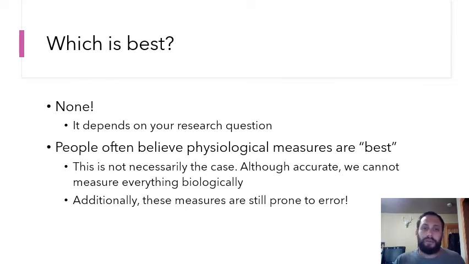Just because you have depression doesn't mean you look sad all the time. Again, people think the physiological measures are the best, but this isn't the case. Although accurate, we cannot measure everything biologically either, and they're still prone to error. But really, it depends on your research question how you are going to measure your variables.